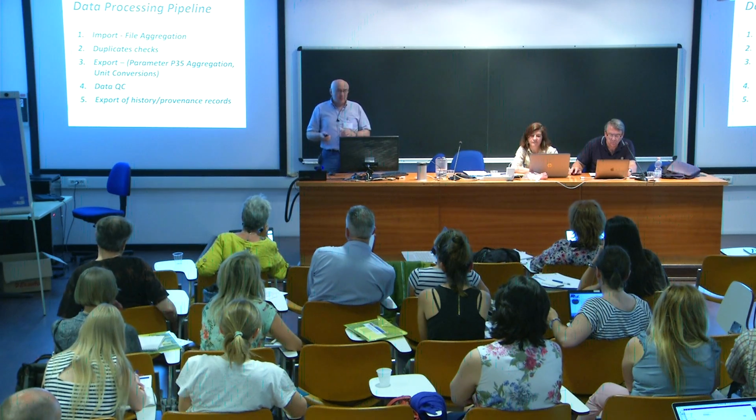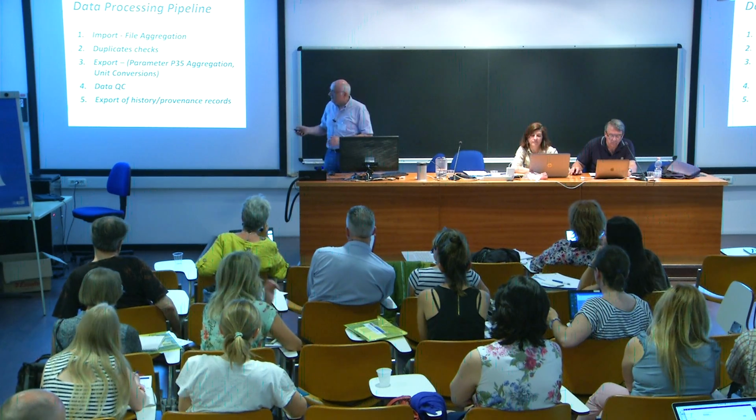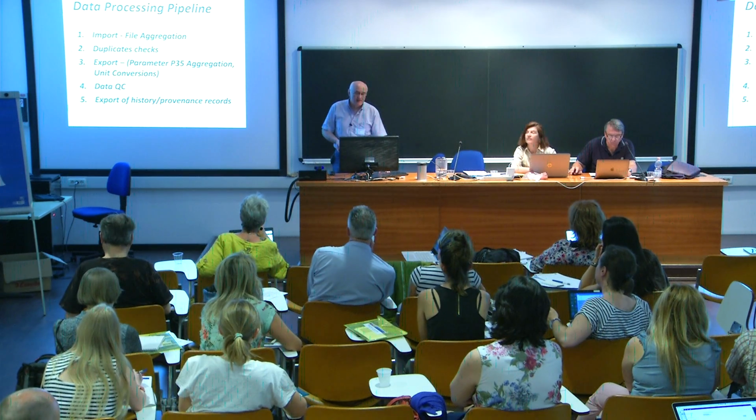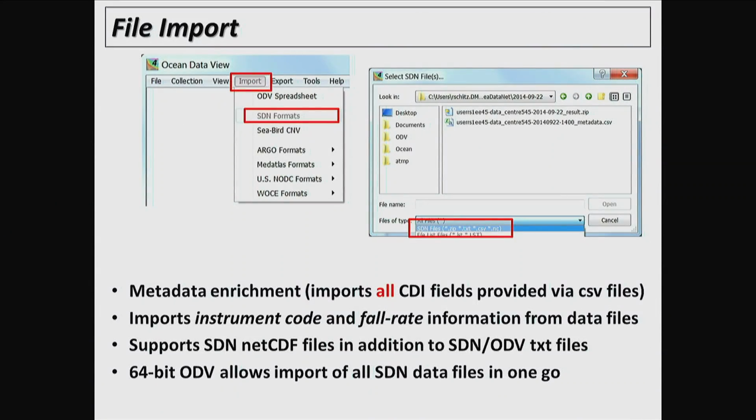And very briefly, I would walk you through these 5 steps, but avoiding details, just seeing the difference of these import things. So in a CDataNet file import, that is triggered by going to the main menu Import, and among these many possible choices, choose SDN formats, CDataNet formats.